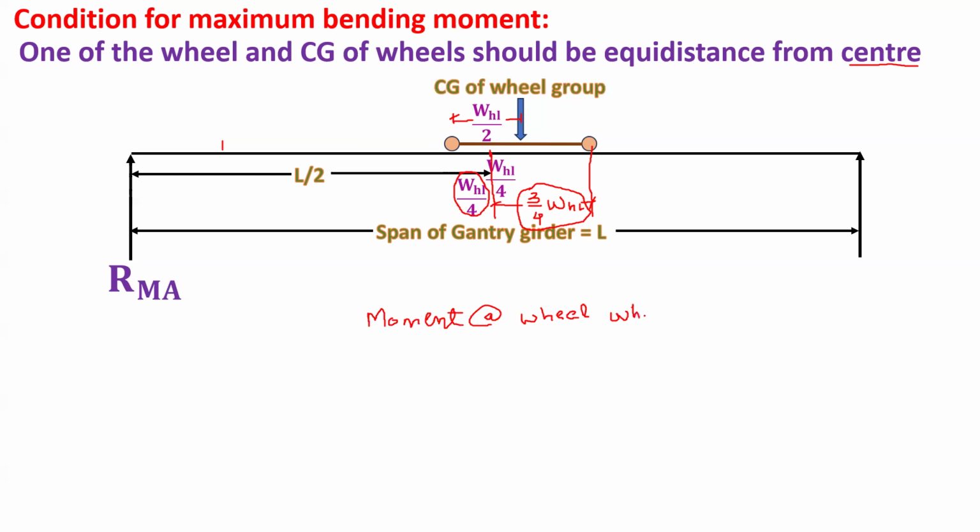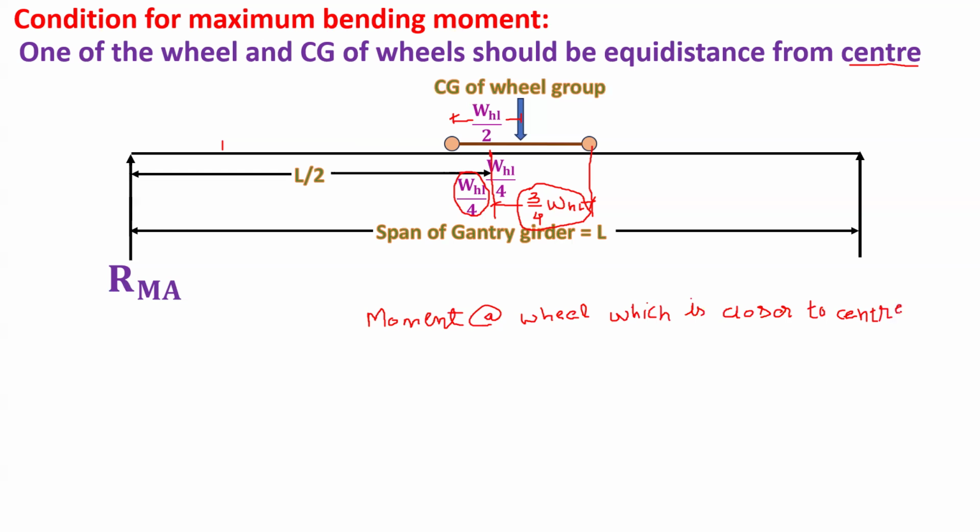And likewise, we will get the value of maximum shear force, and we will get the value of maximum bending moment, and you have the analysis of this gantry girder.